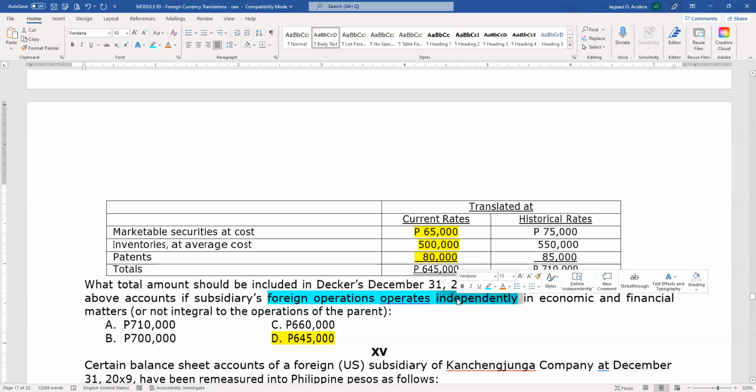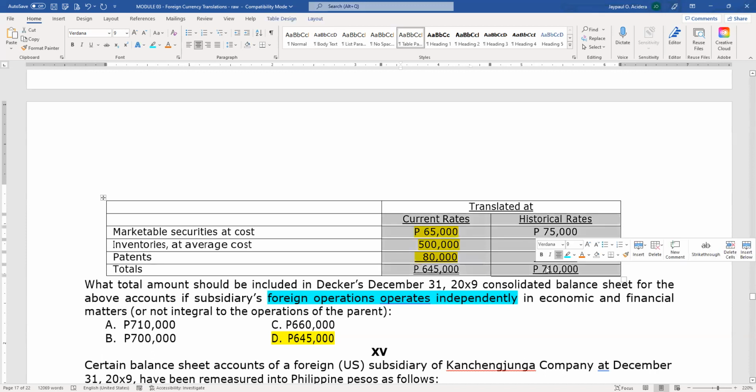Okay? So under the method 1, all assets and liabilities are recorded at current rates. Okay? That's why here, to answer this problem, tinatanong ka kasi anong gagamitin nating rates? Are we going to use the current or the historical? So that's the question here.